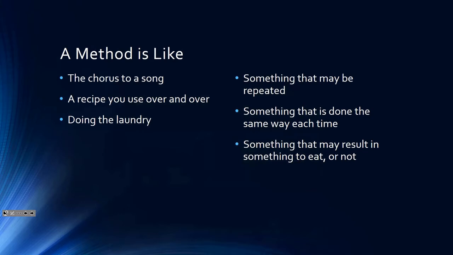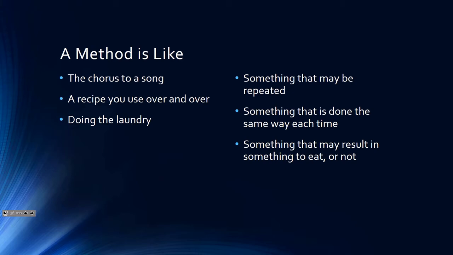Okay, so a method. These are things that you can think about when you think about a method. A method is like the chorus to a song, right? It's a recipe you use over and over, or it's like doing the laundry. It's something that could be repeated, something that's done the same way each time, and something that might result in something to eat or not. Maybe, I don't know.